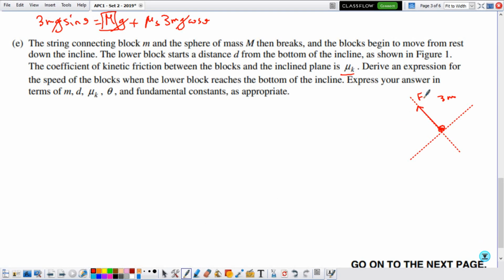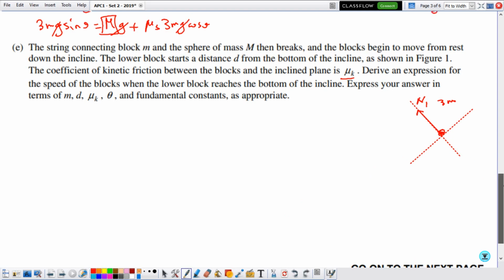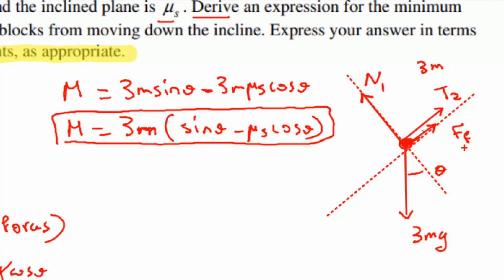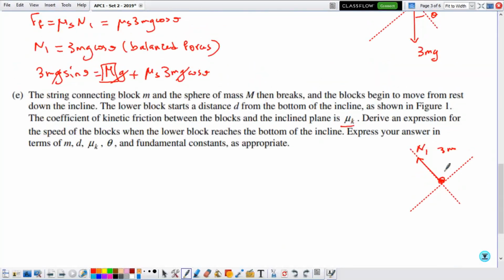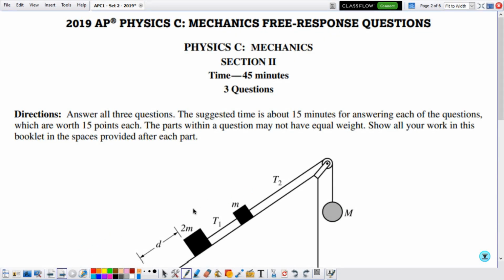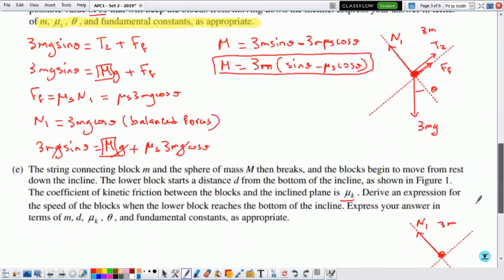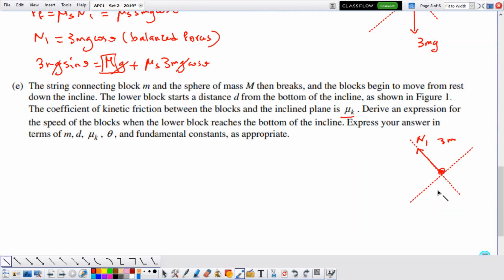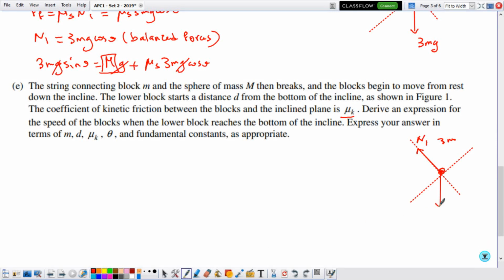So let me say this is N2, or it's the same as N1, no big difference, because N1 is the normal push due to m and 3m. So we don't have tension T2 because now the string breaks. Okay, we have the pull of gravity being down. So that would be 3mg for the masses combined, that would be the angle theta.